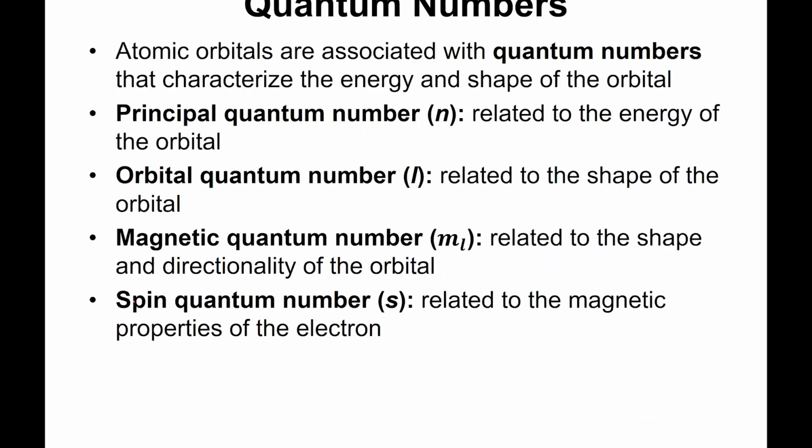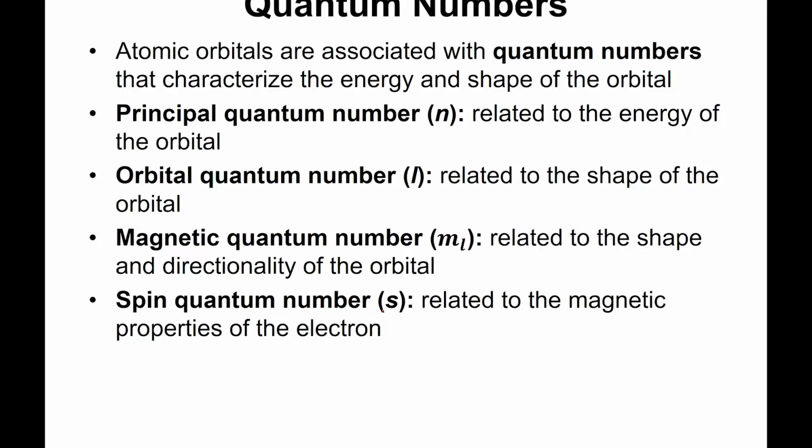Okay, and lastly, one of the last pieces of information to characterize our orbitals is the spin number, s. This is actually related more specifically to the electron in the orbital. Remember, the orbitals are a density map of an electron. So we're talking about an electron in general. It's just that the electron takes up space.